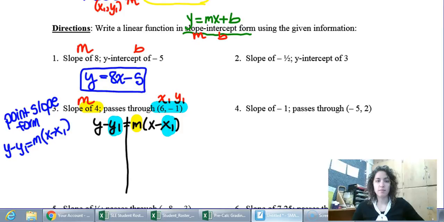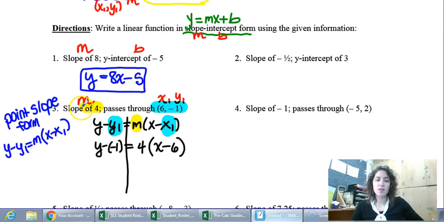So let's do that. I've got y minus a -1, because that's a -1. This already comes with a negative, equals 4 times x minus 6.